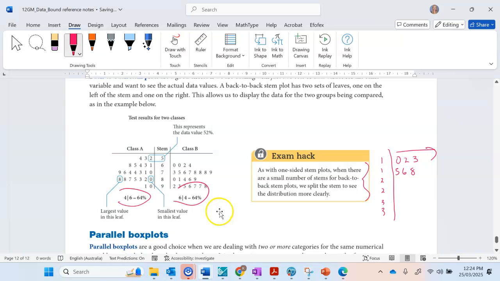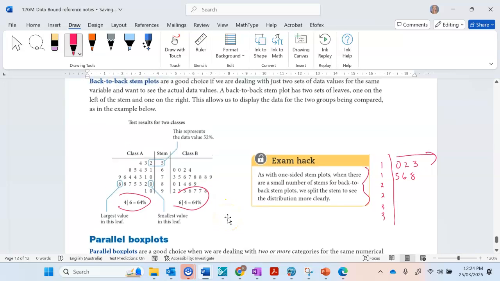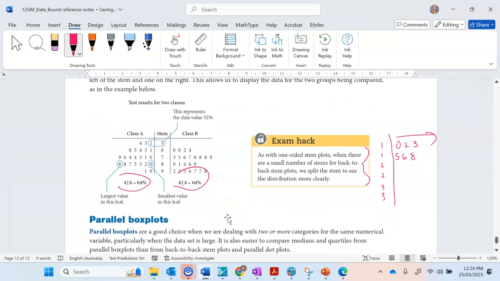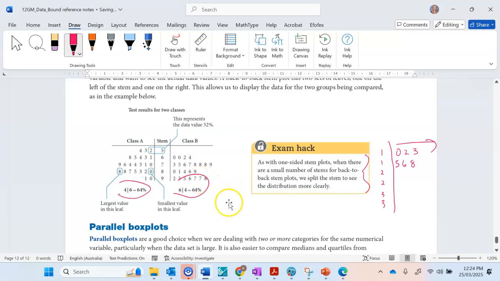What else was I going to say? When you're comparing two groups, we'll do this in a separate video, actually we might do it when we're looking at parallel box plots. You do look at the shape, you do look at the center and the spread.